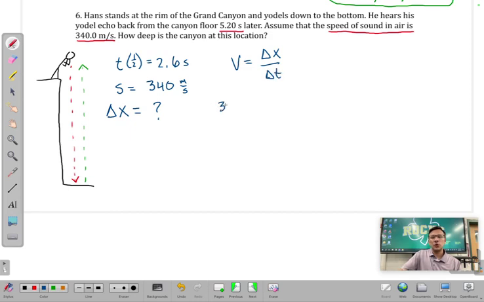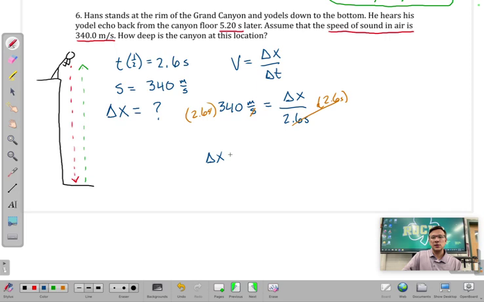We can plug in 340 meters per second, set that equal to delta x over the time of 2.6 seconds. We then need to multiply by 2.6 seconds on this side to cancel this out, and multiply by 2.6 seconds over here. Seconds and seconds will cancel.